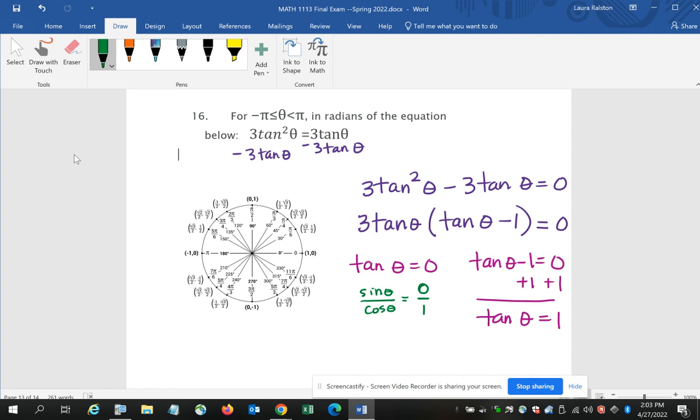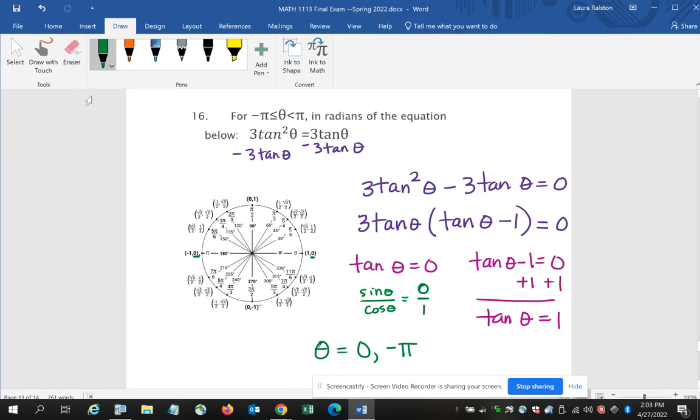So if I look at my unit circle, my sine is 0 at 0 and at pi. Now here's where you have to be careful, because you want between negative pi and pi. So it could be 0 or it could be negative pi. Negative pi would indicate that you rotated negatively. It cannot be positive pi because that's not part of your options up here. The positive pi is not included.